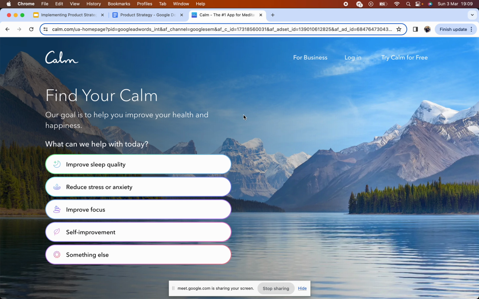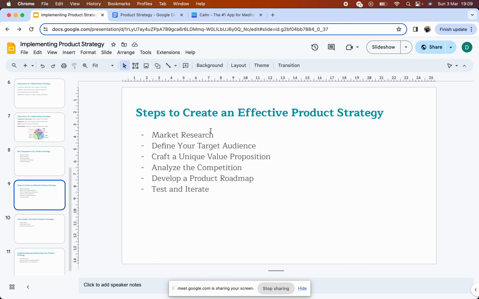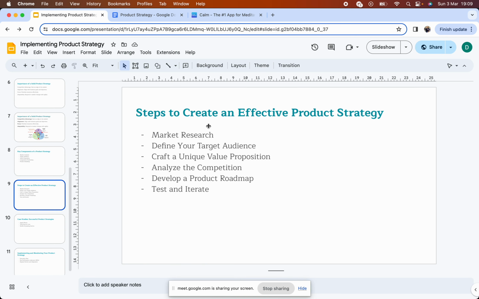We also try to understand what they offer to customers. We can also do some market research to understand why people come to Calm as opposed to competitors, and understand those key pain points. By doing so, we're ultimately bettering how we can serve customers, and we can improve our positioning relative to competitors in the market, which is key.